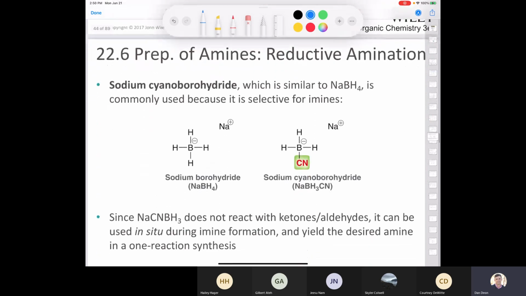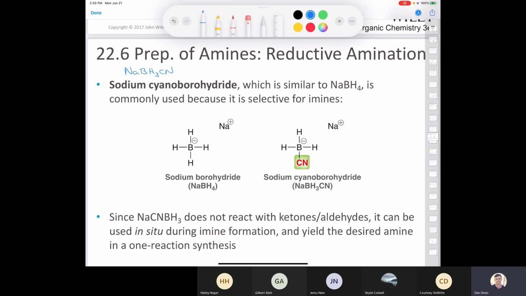There are a lot of reagents we can use to do reductive amination, but sodium cyanoborohydride, which is similar to sodium borohydride, is commonly used. Why? Because it's so selective for imines. We abbreviate it like this, NaBH3CN.